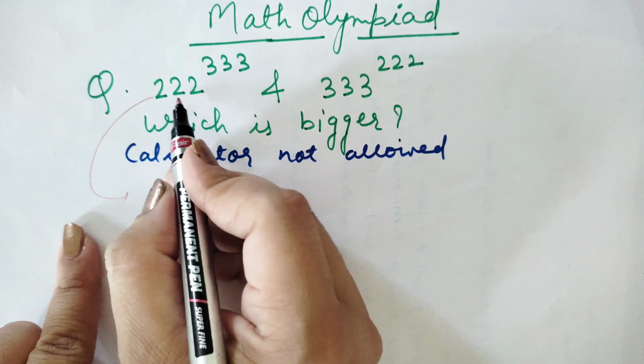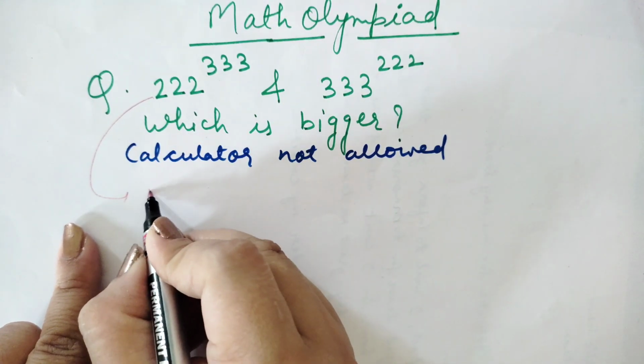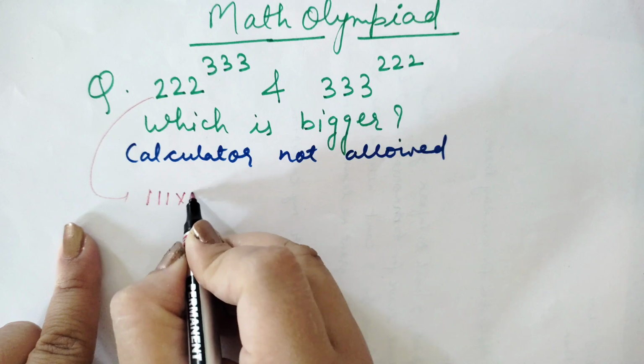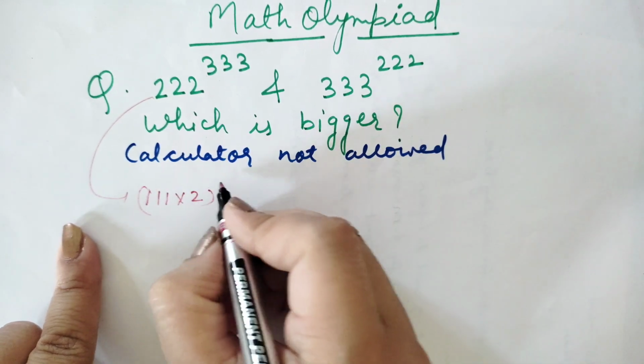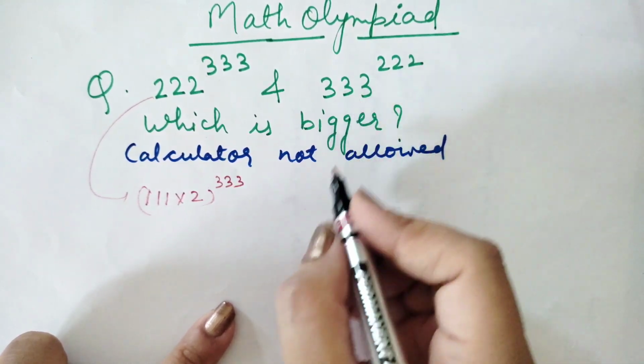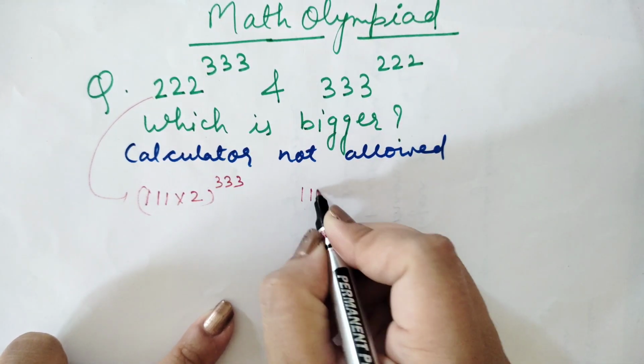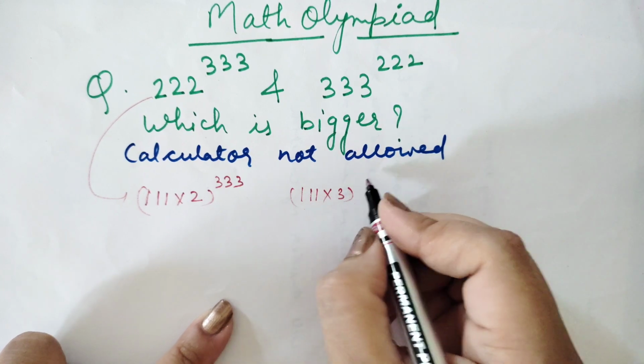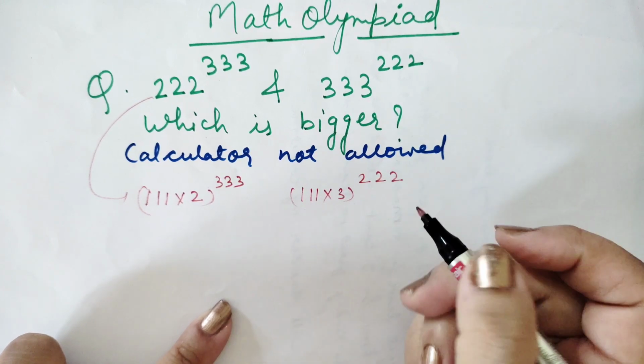Can we write 222 as 111 into 2, power 333, and 333 as 111 into 3, power 222.